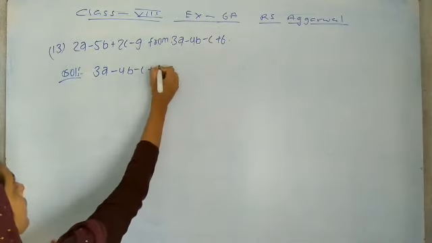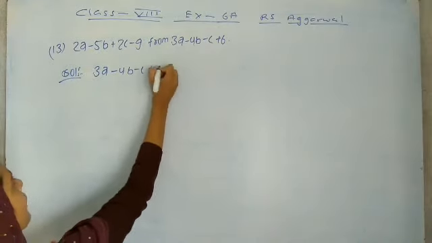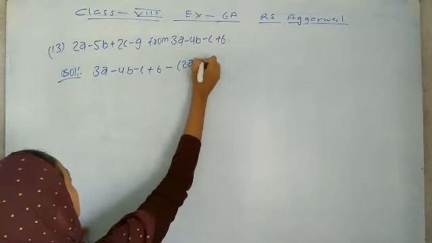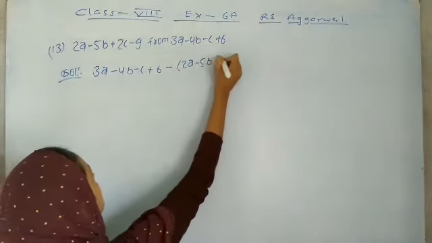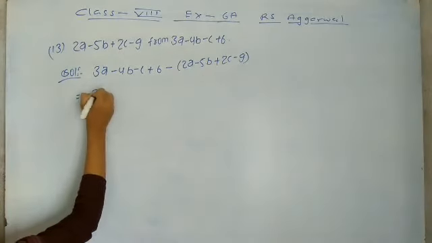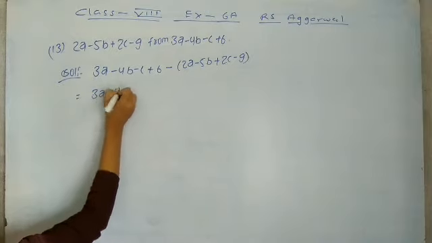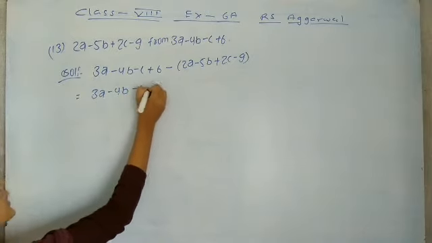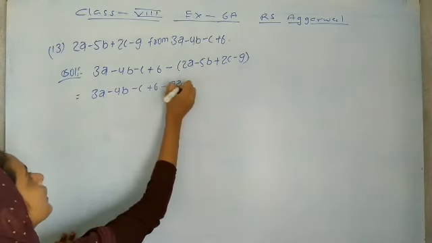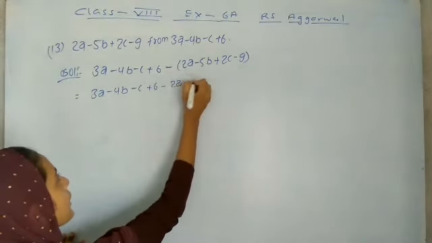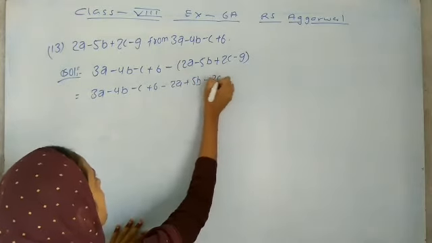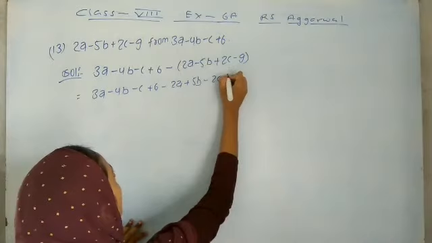Here from means minus, and here 2a minus 5b plus 2c minus 9. And now 3a minus 4b minus c plus 6, minus plus minus 2a, minus minus plus 5b, minus plus minus 2c, minus minus plus 9.